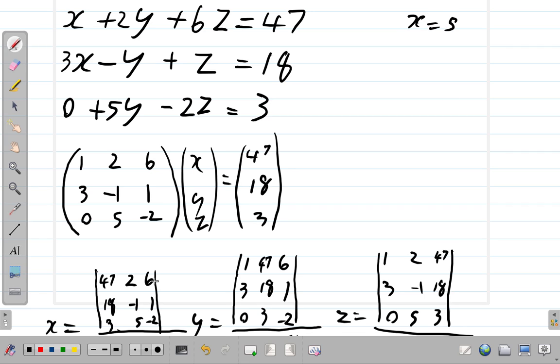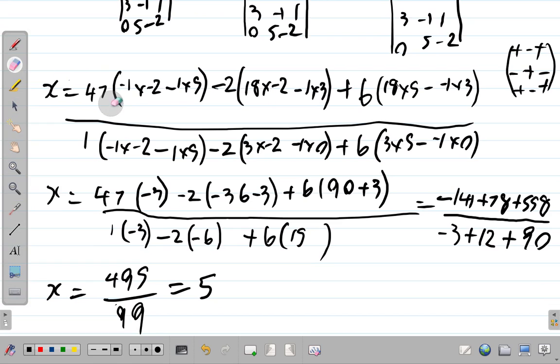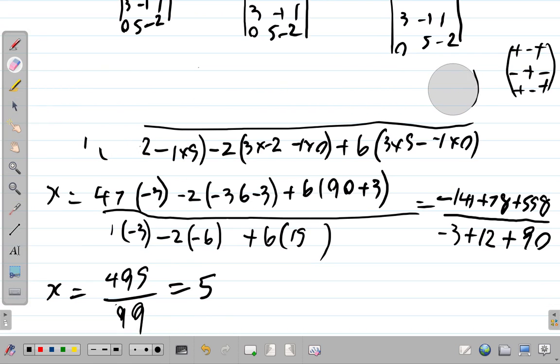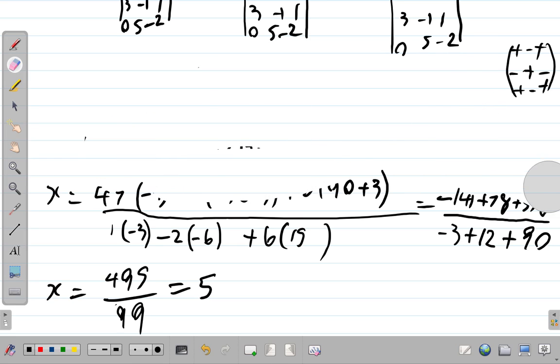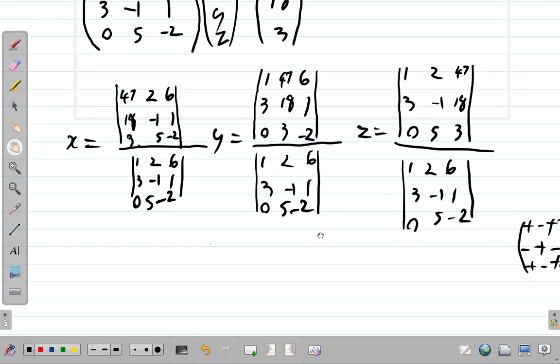And then erase some of this and find out what y is. So erase some of these workings to find out exactly what y is. Alright, we're going to find y.